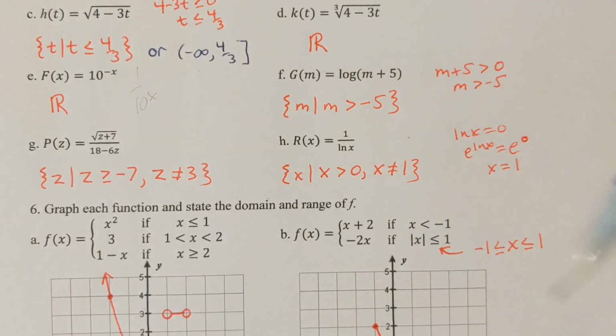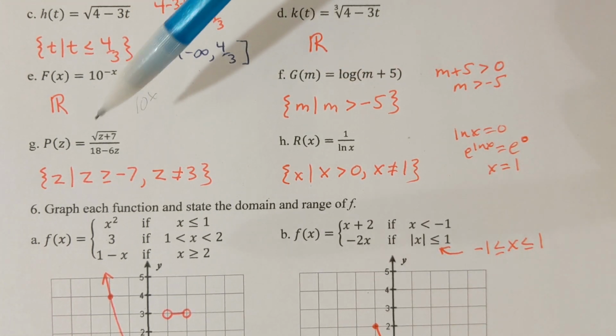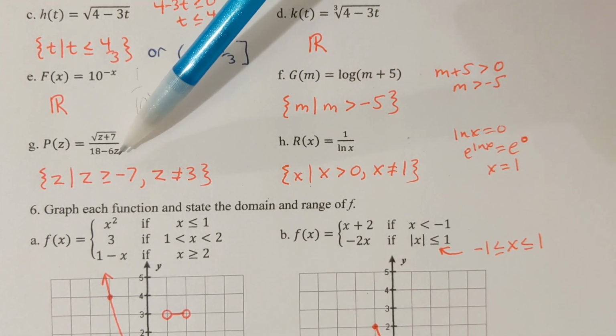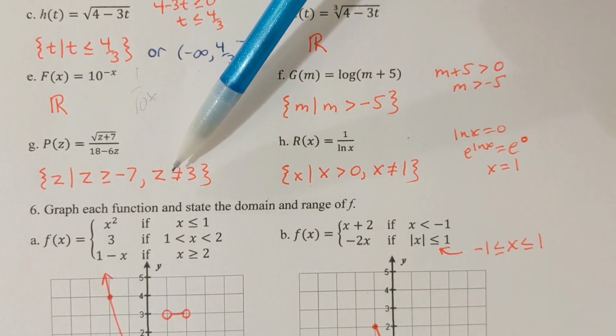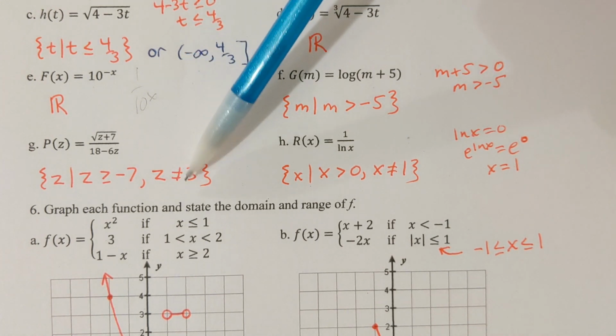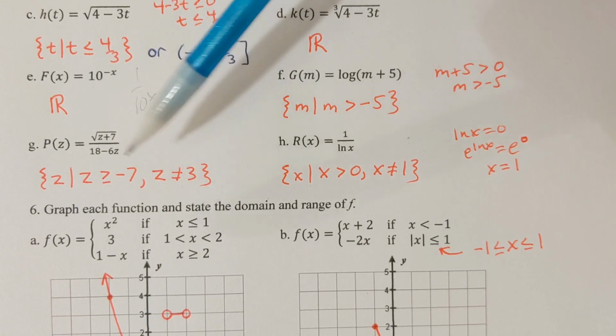Okay, p of z is given there. Now, for this one, I'd want to look at a couple things. Of course, I know I can't divide by 0. So if I were to set 18 minus 6z equal to 0, you'd get z equal 3, and that's what we don't want. Okay, so 3 is going to be a problem.